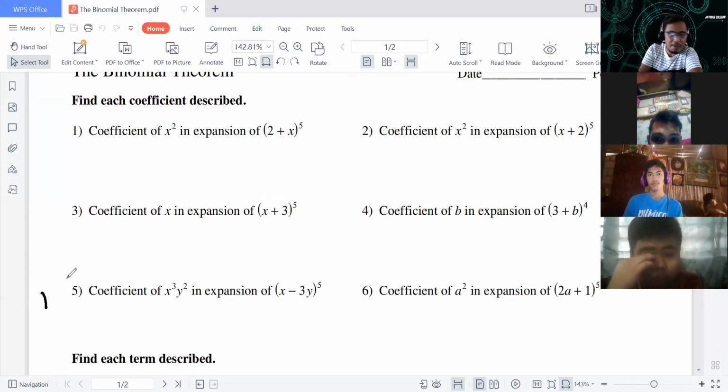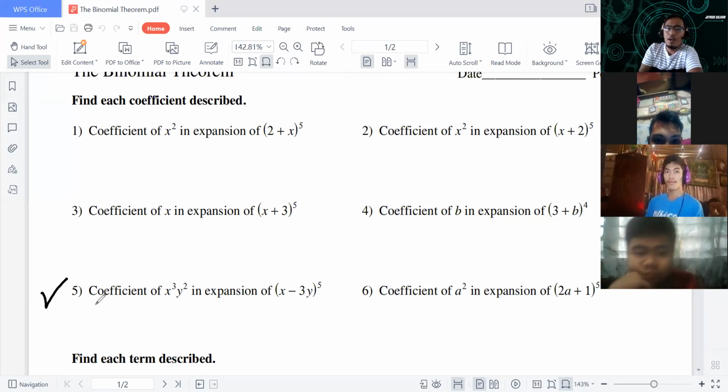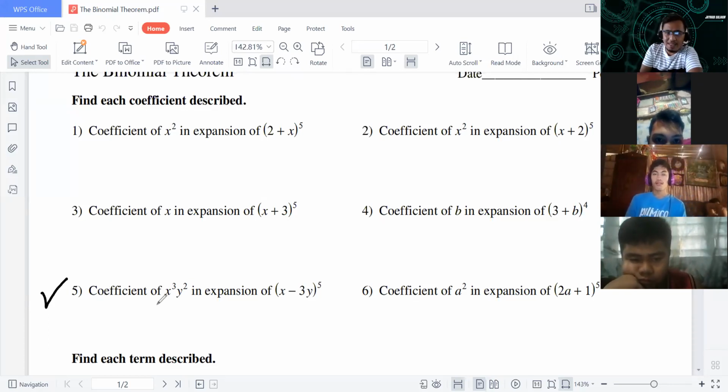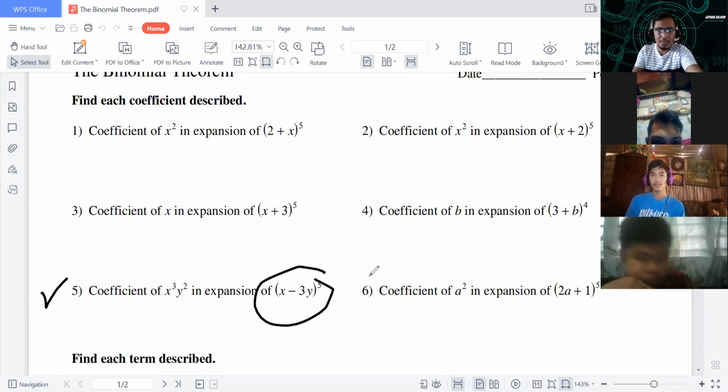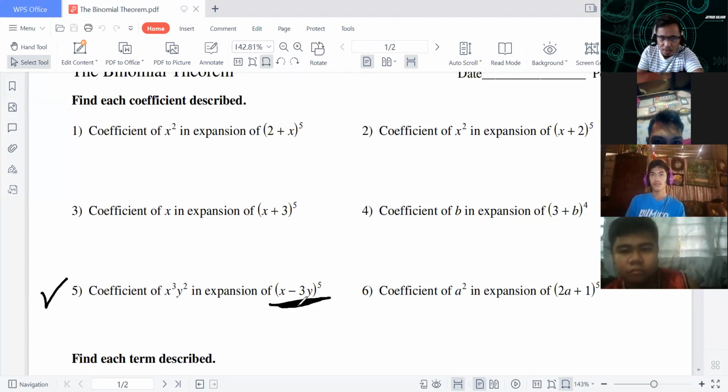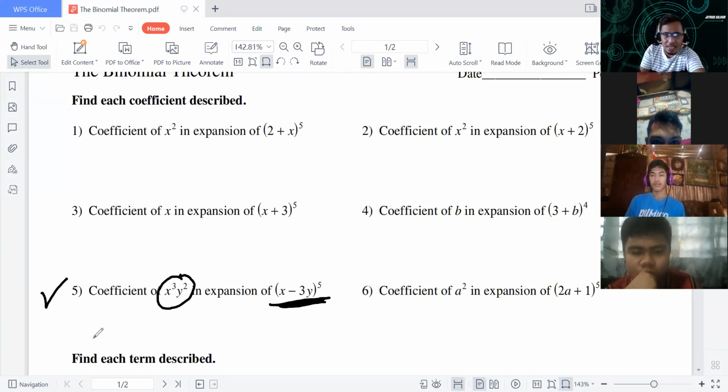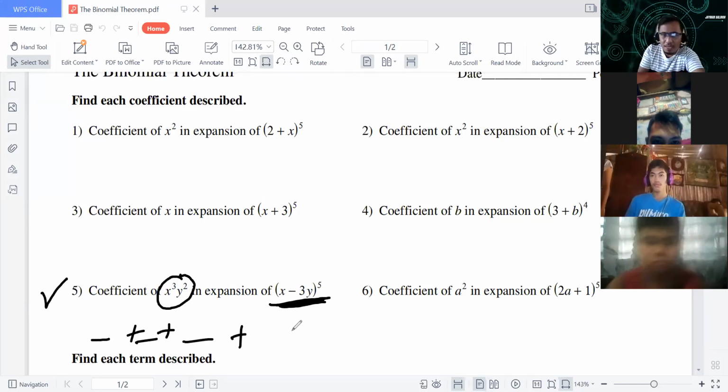Example, in number 5, you are asked here, what is the numerical coefficient of x cubed y squared in the expansion of this one? If you will expand it, unsa day numerical coefficient sa term nga naiingon ana?